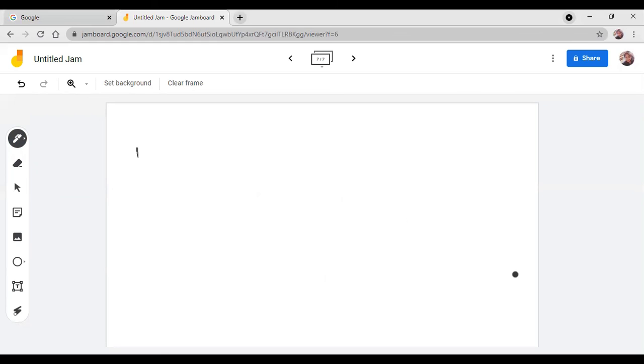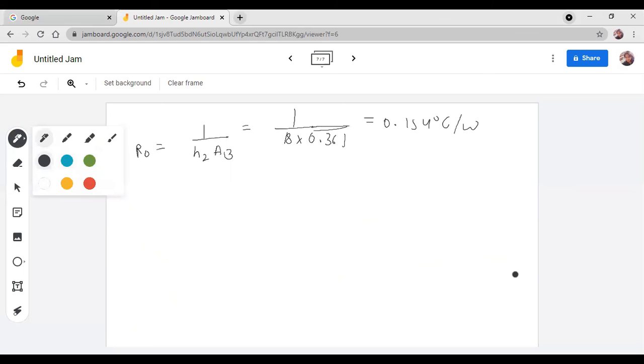Now let us find out the value of thermal resistance of the outermost surface. It will be Ro equal to 1 upon h2 A3, which is 1 upon 18 into 0.361, equal to 0.154 degrees centigrade per watt. Because all these resistances are in series, for R total we'll just add all of these resistances.